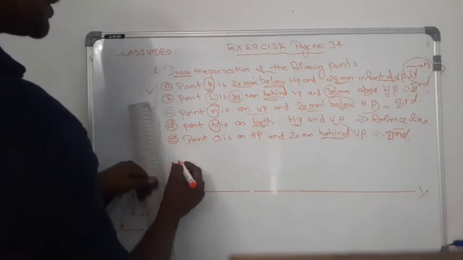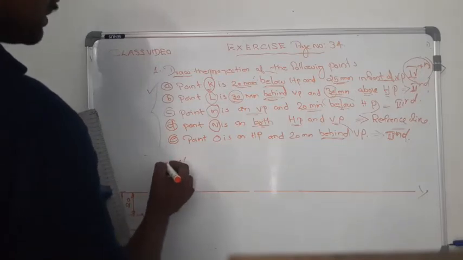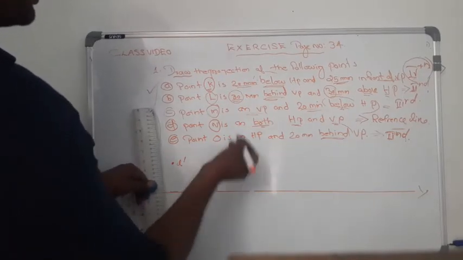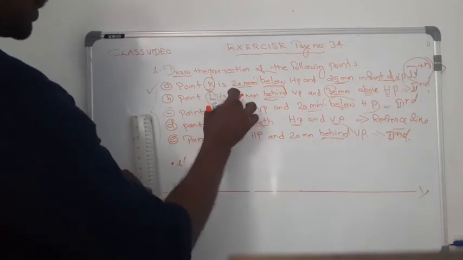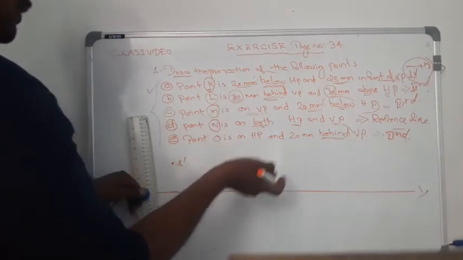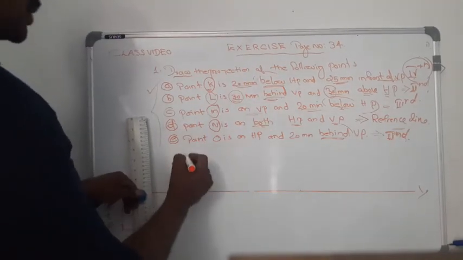First we put a point here keeping a 30 mm distance. This point is marked as l dash, and now draw its plan. HP rotates in clockwise direction, then HP also comes above the XY line.